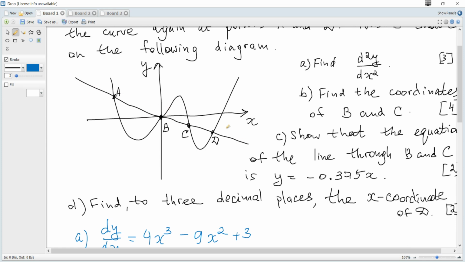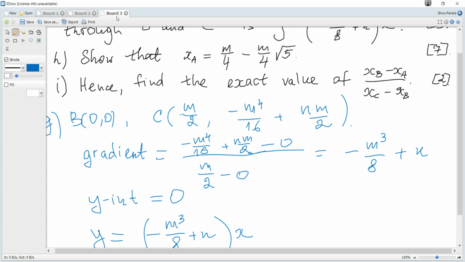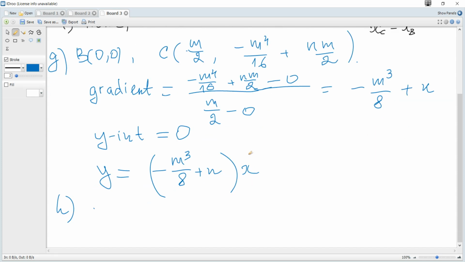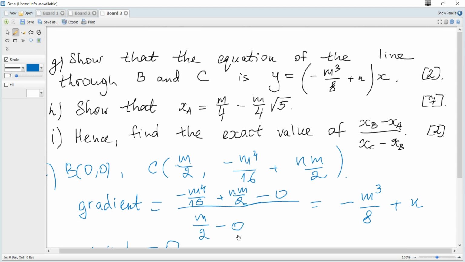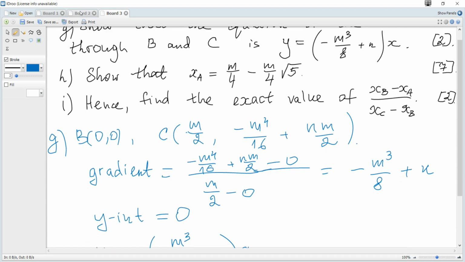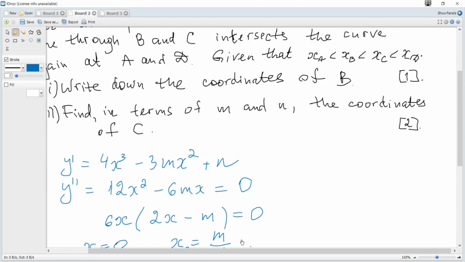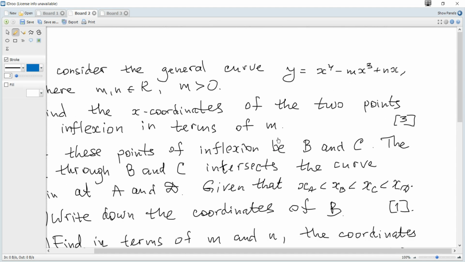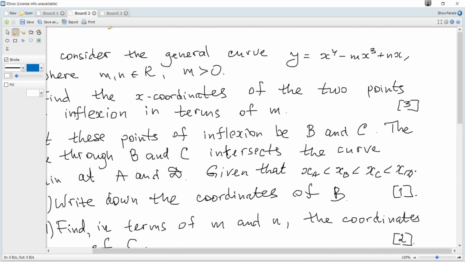It's one of 4 points of intersection between the line and the curve. And we know that the points of intersection are found from simultaneous equations, and one equation is this and another equation is our curve. It's x to the power of 4 minus mx cubed plus nx.